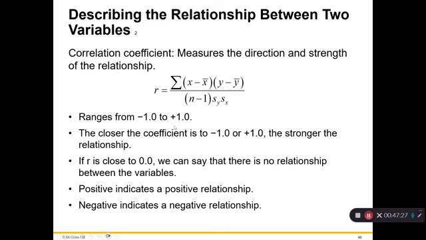If the value is close to +1, it shows the correlation is strong. If the correlation coefficient value is close to -1, it shows the weak correlation. And if it's 0, then there is no correlation.